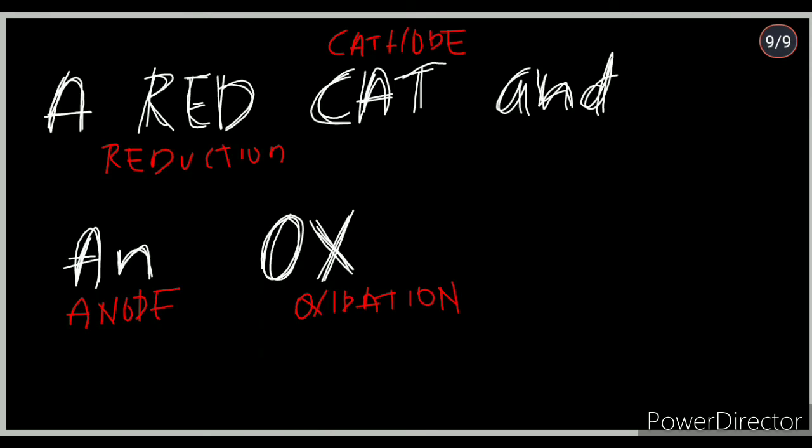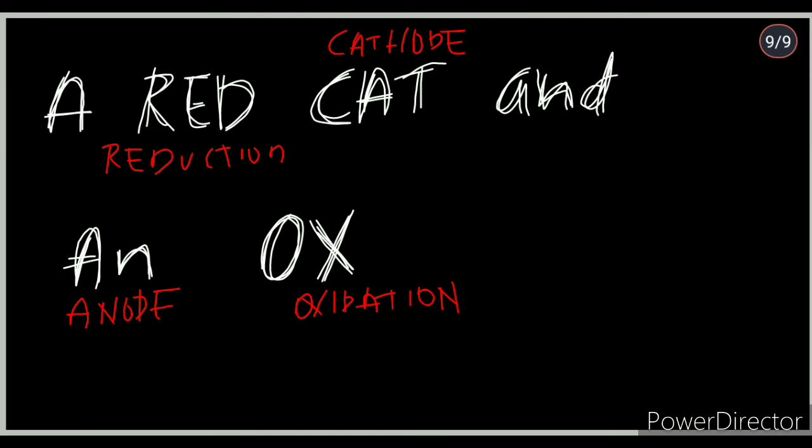The electrode where oxidation happens is called the anode, and the electrode where reduction happens is called the cathode. You can remember this by a red cat and an ox: reduction happens with cathode and oxidation happens with anode.